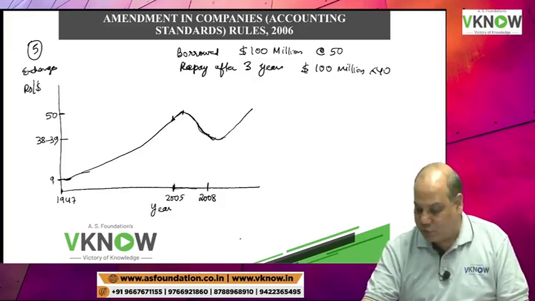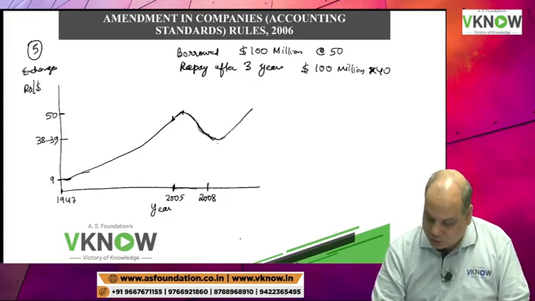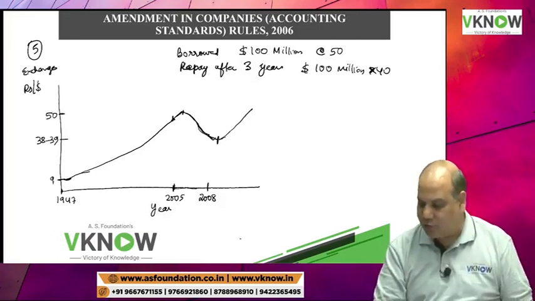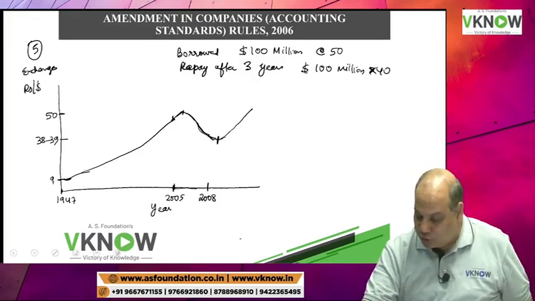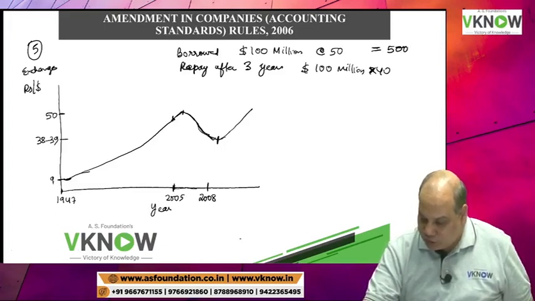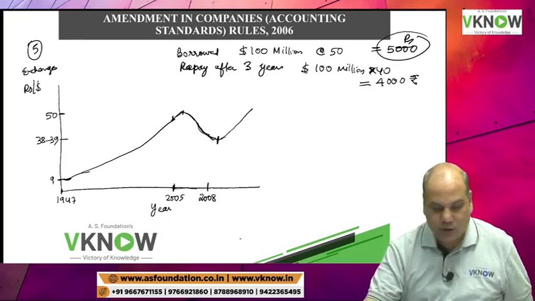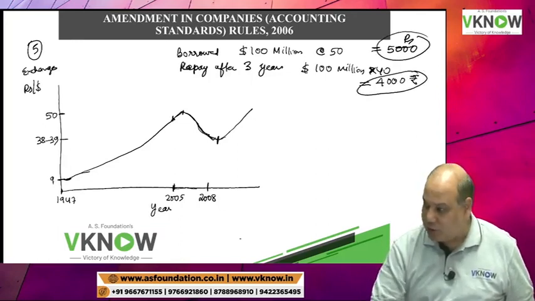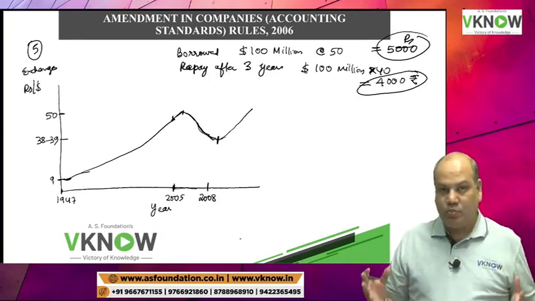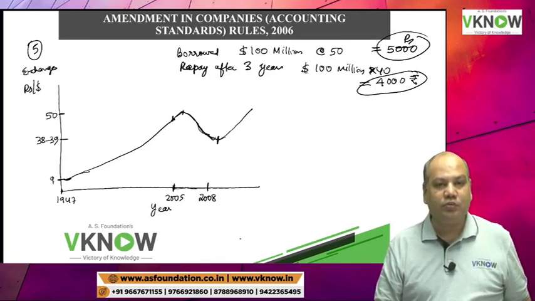When you borrowed, you got 5000 million Indian rupees, but when you are repaying, you are repaying 4000 because the exchange rate has gone down.